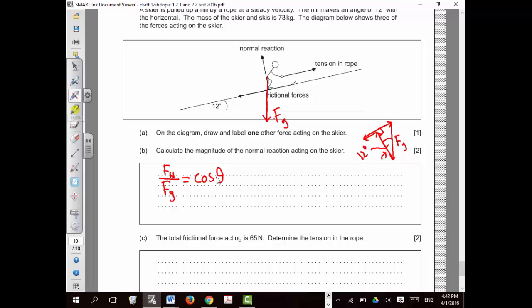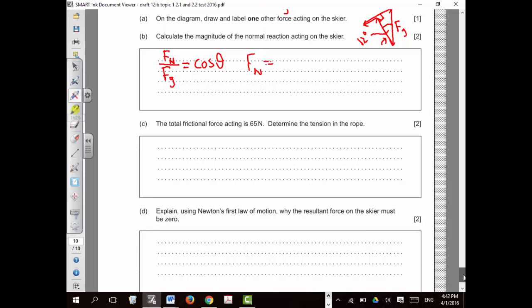And so Fn is going to be equal to Fg cosine theta.